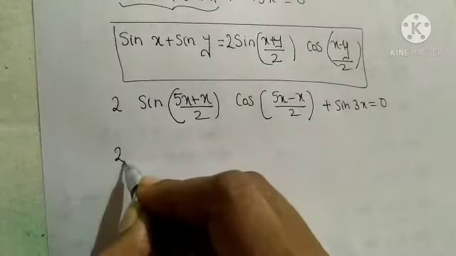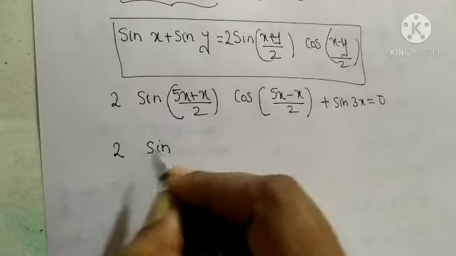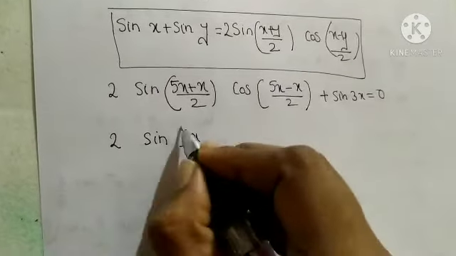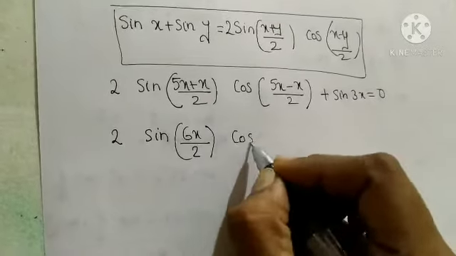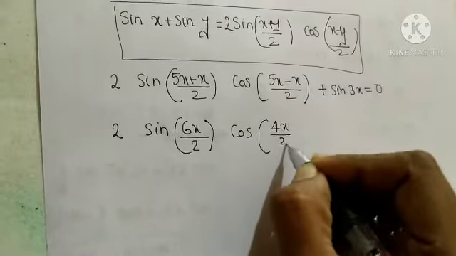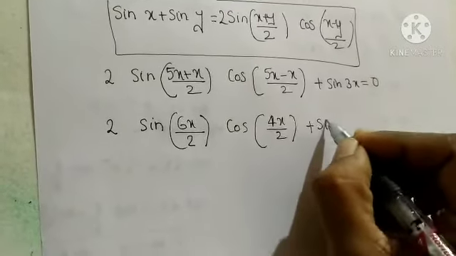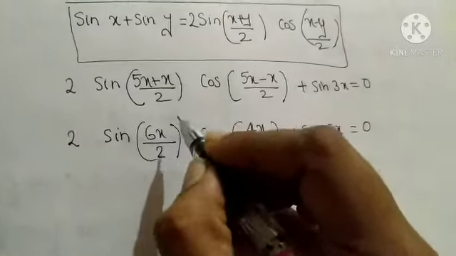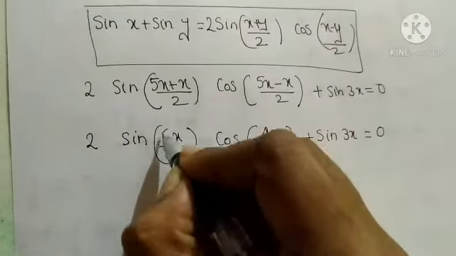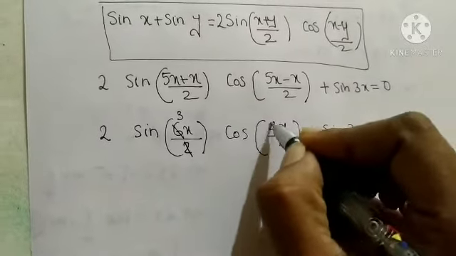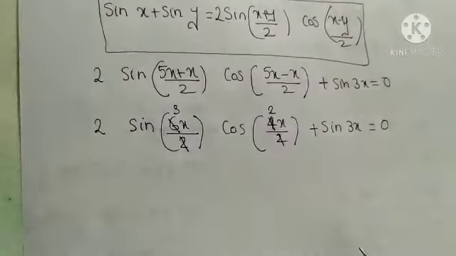In the next step, it will become 2 sin of 5x plus x, which changes to 6x divided by 2, into cos of 5x minus x, which changes to 4x divided by 2, plus sin 3x equal to 0. Cancelling 2 and 6, it will become 3x here, and cancelling 2 and 4, it will become 2x.